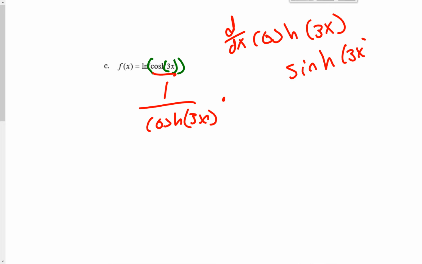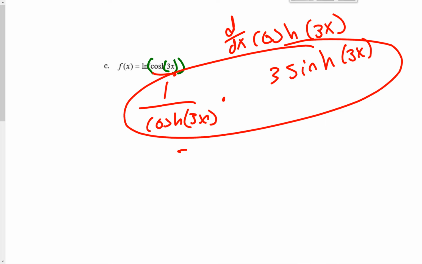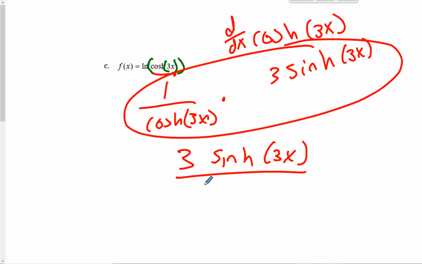Leave the inside the same, times the derivative of the inside, which is just 3. I'll move that 3 up front, so really I have to multiply these two. So it's 3 hyperbolic sine of 3x over hyperbolic cosine of 3x.